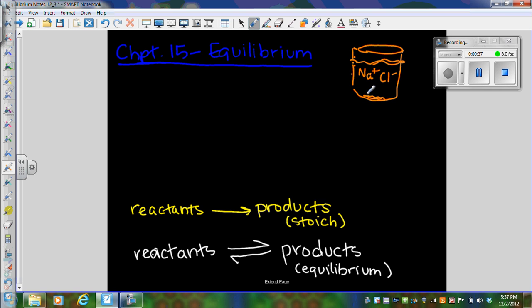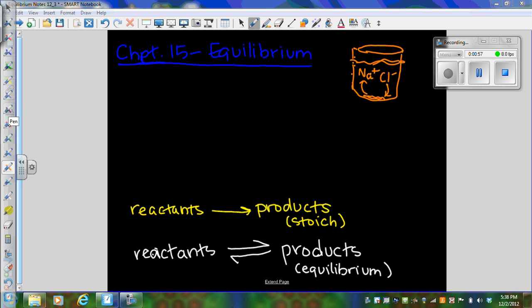And so that solid was dissolving, and then the ions were precipitating back out and reforming solid on the bottom. So you've been kind of introduced to that idea, but now we're going to talk about equilibrium from the point of view of chemical reactions.